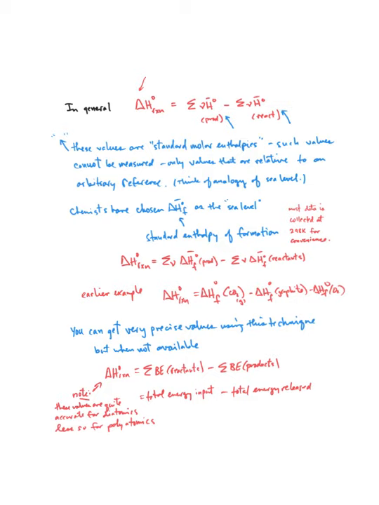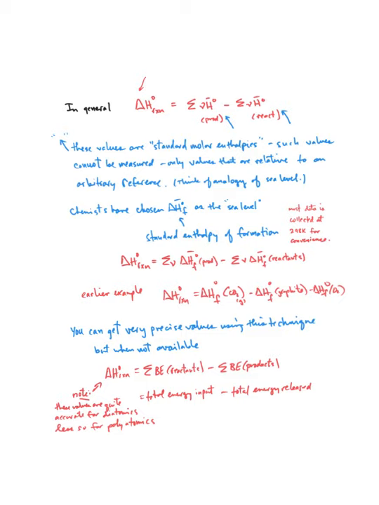Now, these values have a name. They're standard molar enthalpies. Such values really can't be measured. You can't get a mole of something and do an experiment which measures its internal enthalpy. It just doesn't have a way of being isolated.